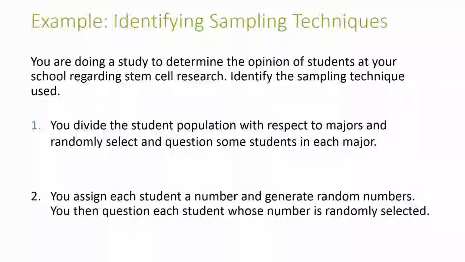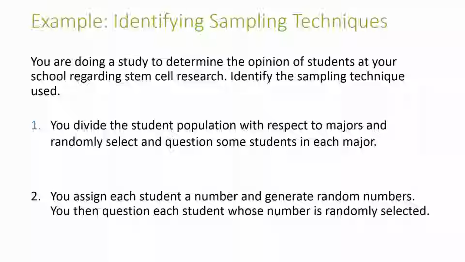So now we want to see if we can identify the sampling technique being used. So we're looking at the opinion of students regarding stem cell research. So the first option is to divide the student population with respect to their majors and randomly select and question some students in each major.